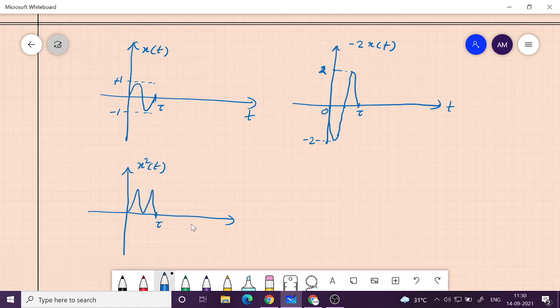I have squared it. The positive cycle I have squared, the negative cycle also I have squared, so both became positive. In fact, square of 1 is 1, so the amplitude should not go beyond 1. If this is 1, that much only it will go.